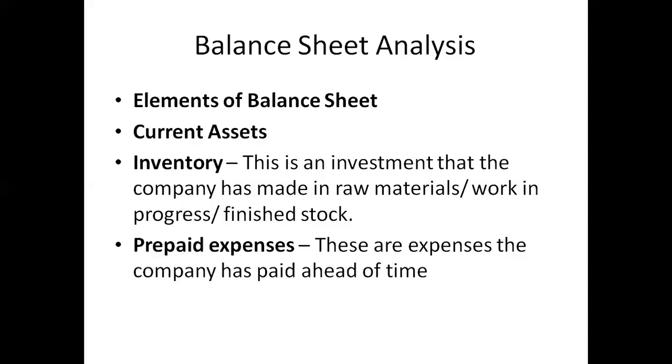Now, the prepaid expenses. These prepaid expenses, for example, may be the expenses that the company has paid ahead of time. These include, say, the insurance for the company's premises, which expires on December 31. The company renews it in January, and the insurance period runs from January to December.